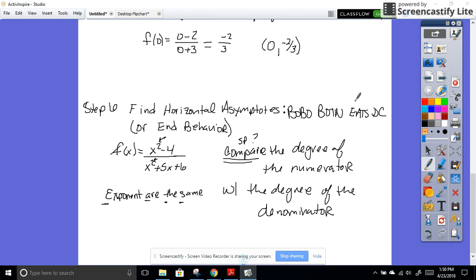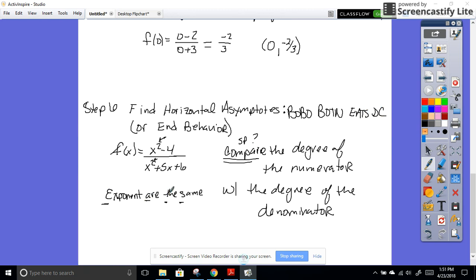Notice that is EATS: exponents are the same. The fact that the exponents are the same in the numerator as in the denominator, that's the degree of the polynomial. The polynomials are the same size. That means the exponents are the same.